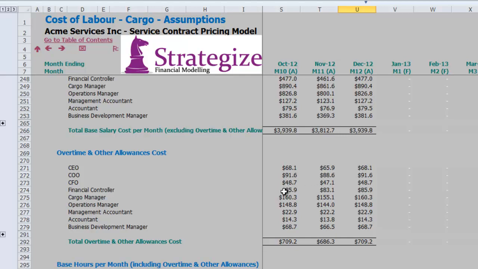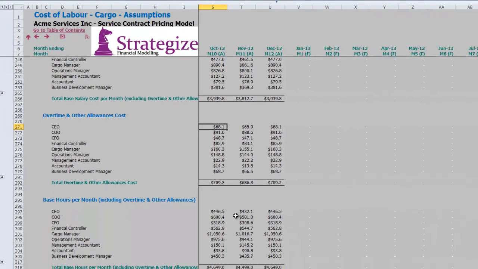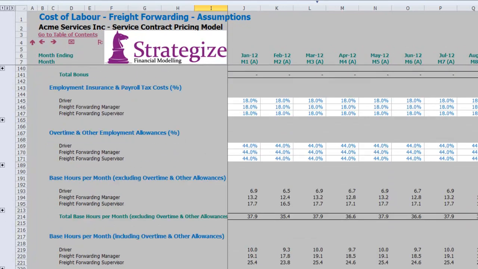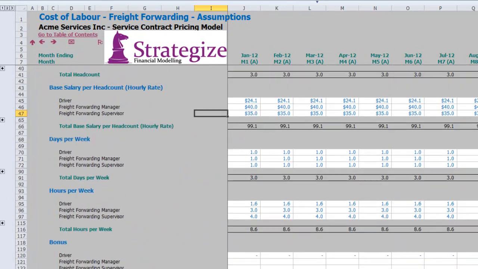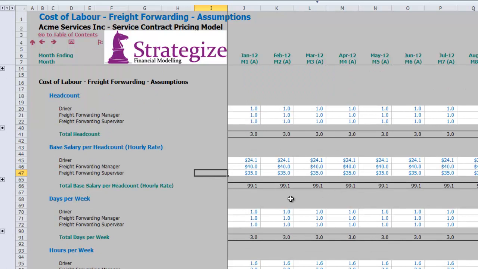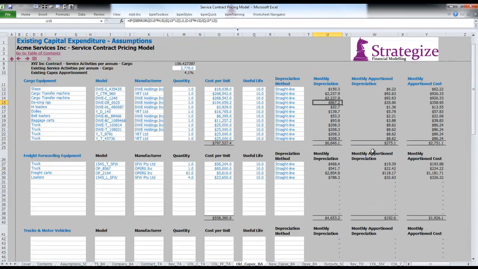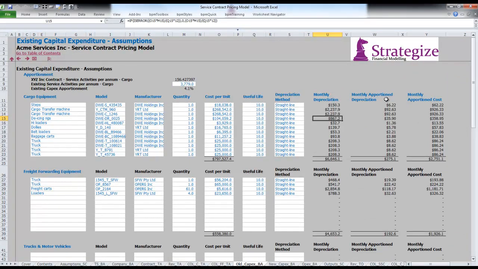It's also executives, whose time has to be fully accounted for under the auspices of activity-based costing. Similar here for our freight forwarding, we have to fully account for all our employees' or executives' time in servicing that contract.